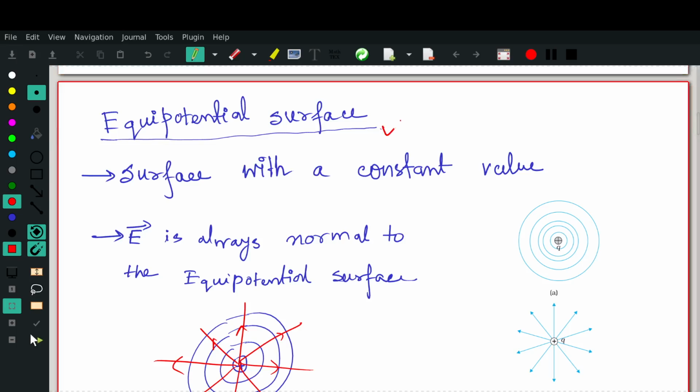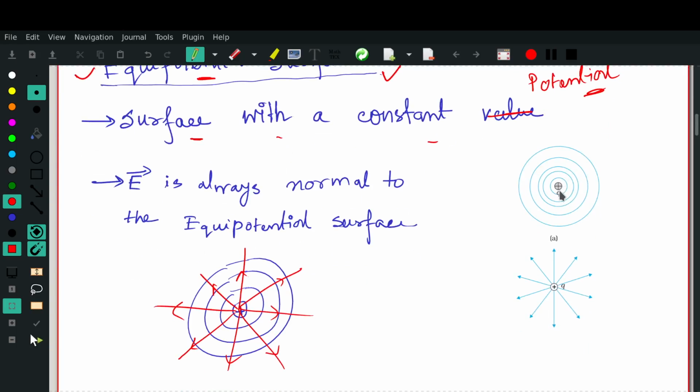Okay, so there is also this important concept. This is very important. This is the equipotential surface. Like the name suggests, this is nothing but a surface with a constant potential, right? Constant potential. So for example, if you have a point charge like I have here, plus q, then if you draw some circles, concentric spheres, then on all of the points of the spheres the potential will be the same.